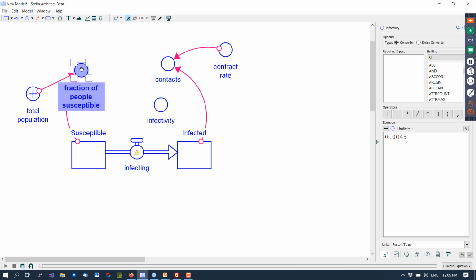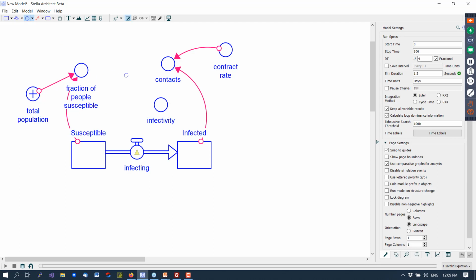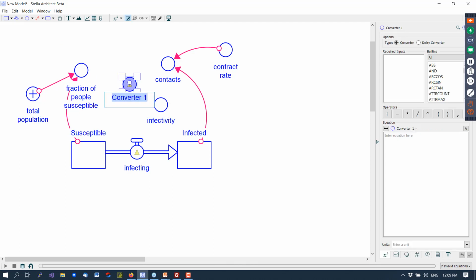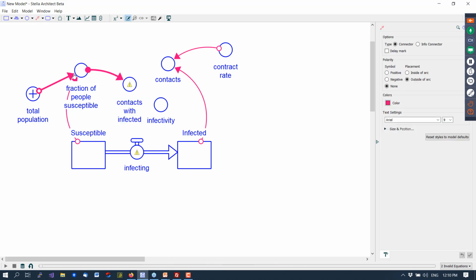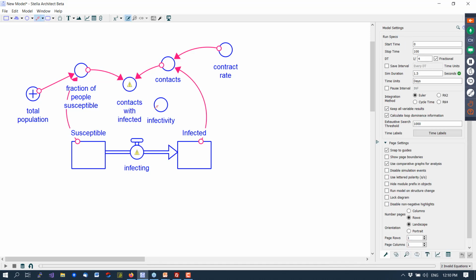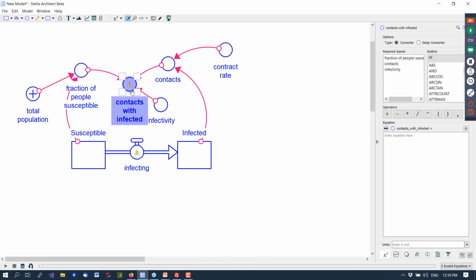So this is a fraction of people, so this will be another converter. And I could have gone directly with all these together in the flow. I'm going to actually just do out contacts with infected and infectivity.